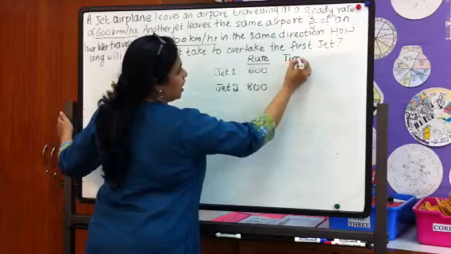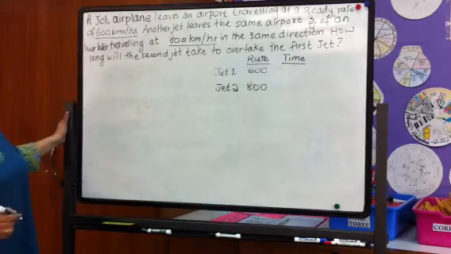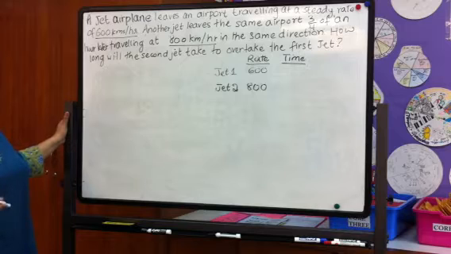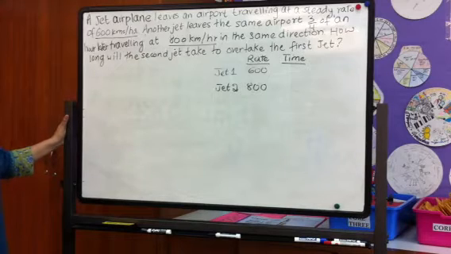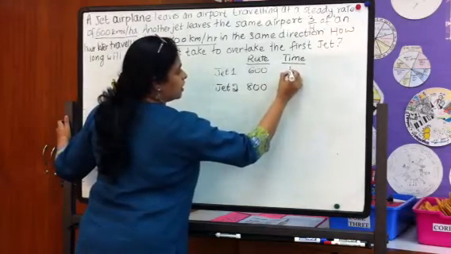What is the time that it's taking to complete the distance when the second jet will be ready to overtake? Do we know the time? No, it's an unknown. So let's define a variable for the time that jet 1 takes to reach that distance. Let's call it t.